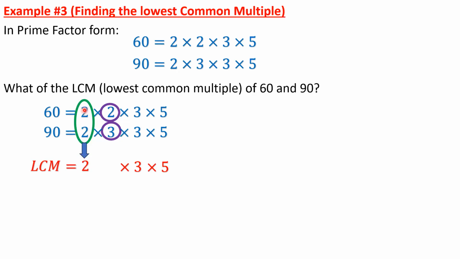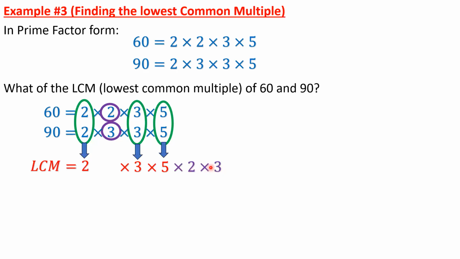The 3s are also common, right? And the 5s are also common. Anything that's not common? The 2 and the 3. Very good. Do we still include them? Yes, we do. So we put 2 times 3 in the back there.